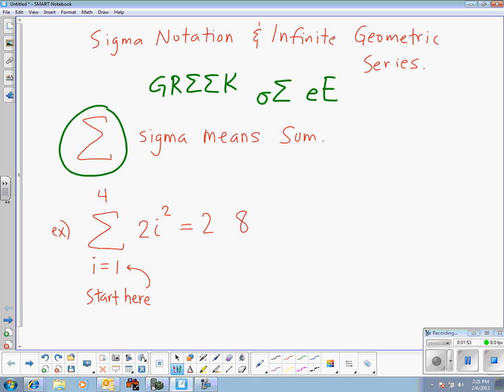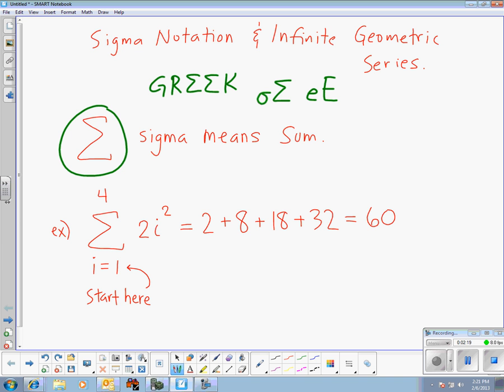When I plug in 3, I get 2 times 3 squared, or 2 times 9, which is 18. And when I plug in 4, I get 2 times 16, or 32. And because the symbol sigma means sum, I add these together, and I get 60. I think I get 60.